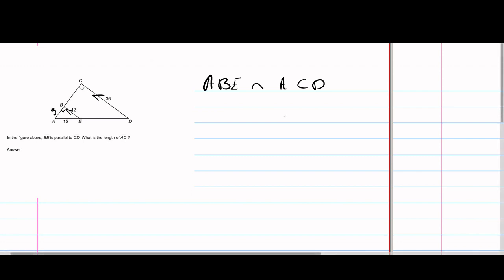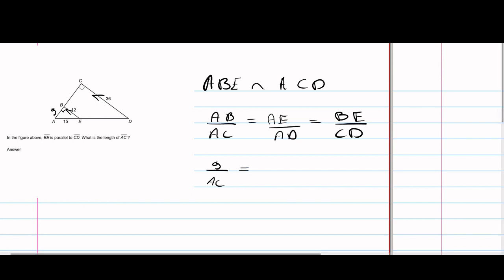Okay, and this will help me find a ratio. What is the ratio here? The ratio will be AB over AC is equal to AE over AD is equal to BE over CD. I plug in whatever value I have, like AB, I found it before. AC, I'm searching for it.